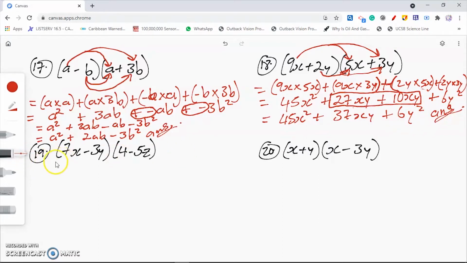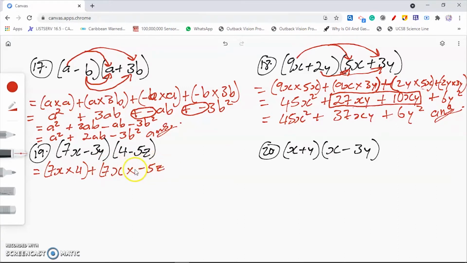Now for number 19, we have 7x minus 3y times 4 minus 5z. So we would take the 7x times 4, plus the same 7x times negative 5z.